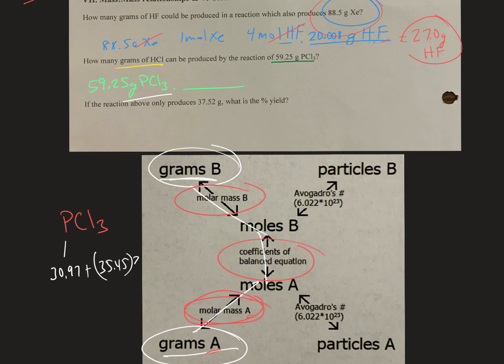And don't forget to multiply that by 3. And I get 137.32 grams per mole. Y'all with me? Y'all understand how I got those numbers? Okay, you don't have to memorize these numbers. Look at the periodic table. That's where they're coming from.